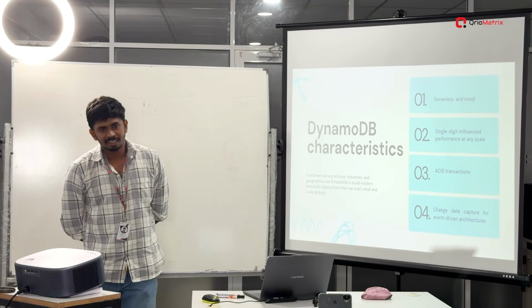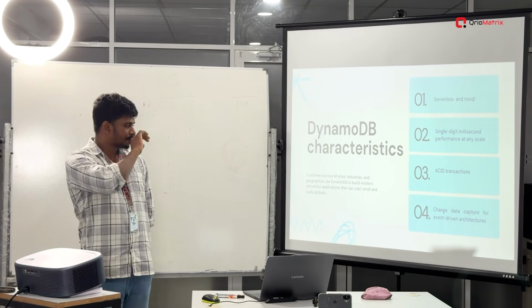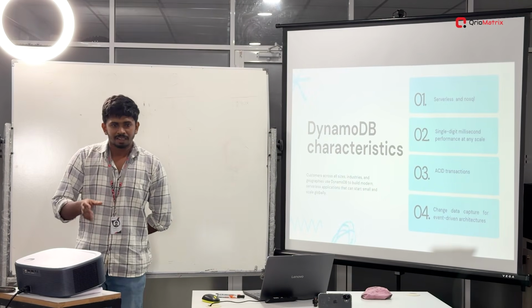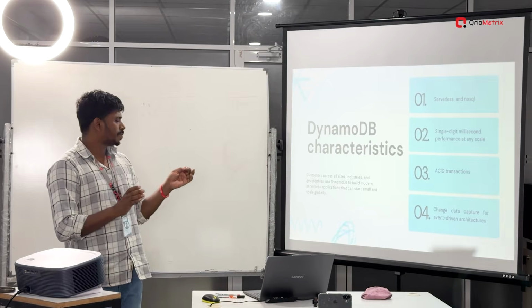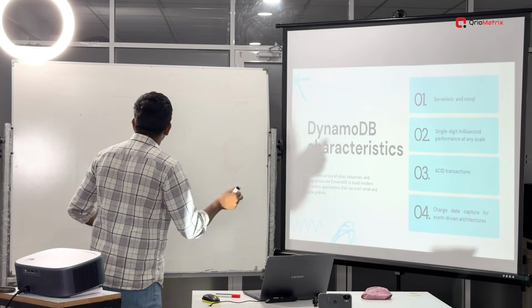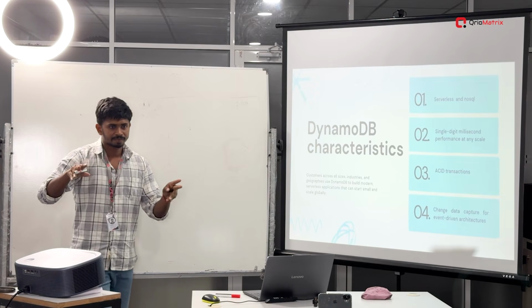Any idea? Data writing. Yeah, if you think about a scenario about data writing, it's a database operation, right? A collection of database operations we call a transaction. So we can have several database operations. As an example, think of a bank transfer.